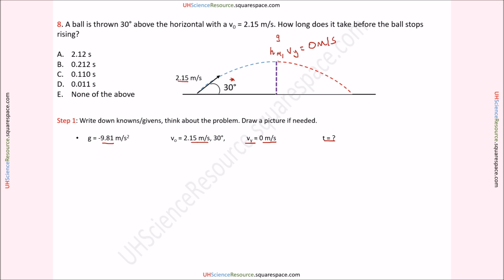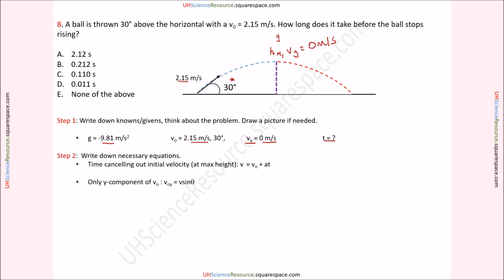Okay, so let's write down the equations that we're going to use. We know that we're trying to find the time it takes to cancel out the initial velocity. And this is going to be the same point in which the ball is at its max height. So it would make sense to use the equation in which the final velocity is going to equal the initial velocity plus the acceleration times time. But we're only going to be interested in the y component.